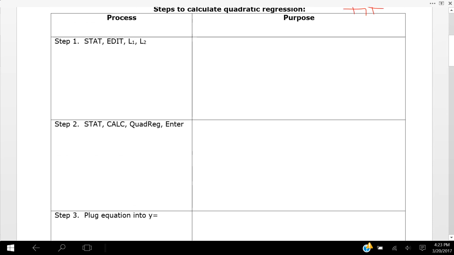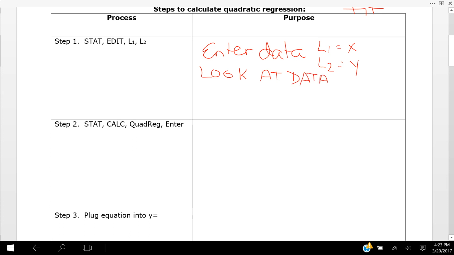Okay, so the first thing we did is stat edit L1 and L2, and that's where we enter the data. L1 is X, L2 is Y. Okay, and then we're going to want to look at the data just to make sure we put it in correctly. And we might want to determine if it looks like it's linear or quadratic equations.